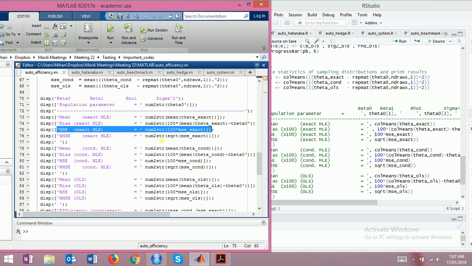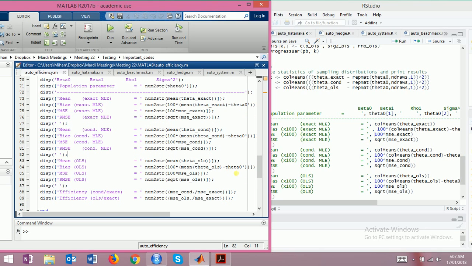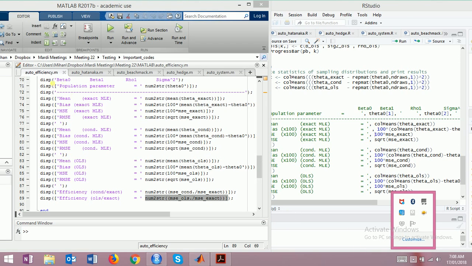Root mean square error is simply the square root of mean square error. Bias is the mean of theta exact minus theta naught. We already did that, but they want us to do it again, so we just copy and paste. Efficiency: we do the efficiency test and we see as the number of samples increases, efficiency increases. So that was number 5.